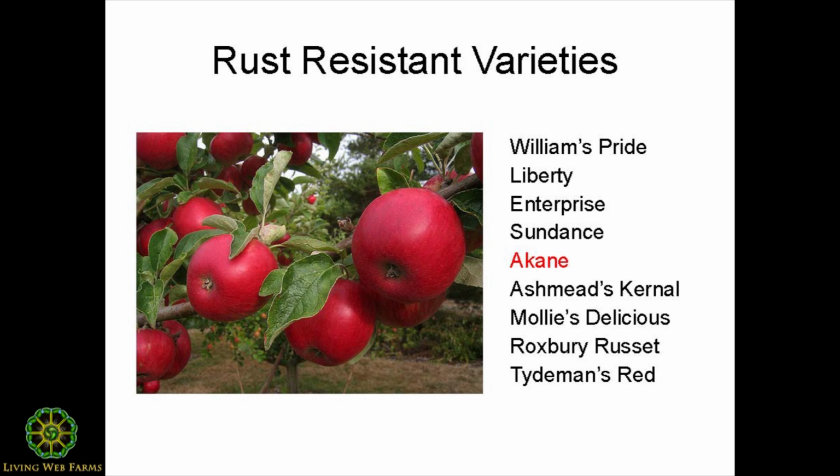So one of the first things you do here is just be aware of some resistant varieties. Anything in the Macintosh family, which has a scab problem, has an ability to resist cedar apple rust because the cells that get infected self-destruct. And then there are disease-resistant varieties like Williams Pride and Liberty that have resistance to rust and scab.